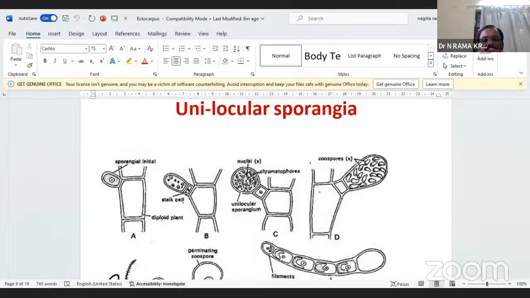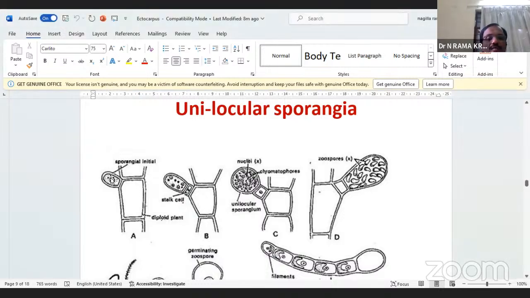In this plant body, in one of the sections, one of the cells is modified as a unilocular sporangium.